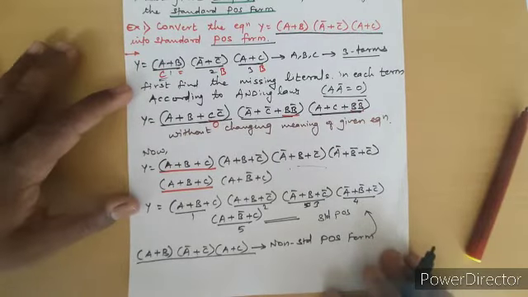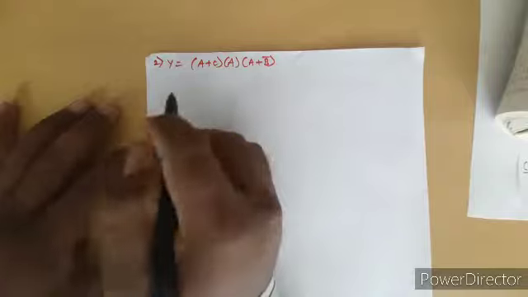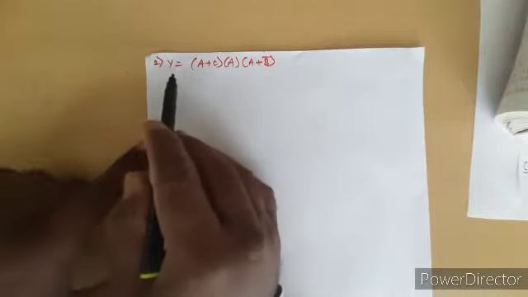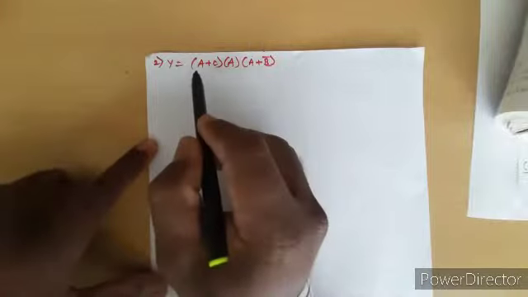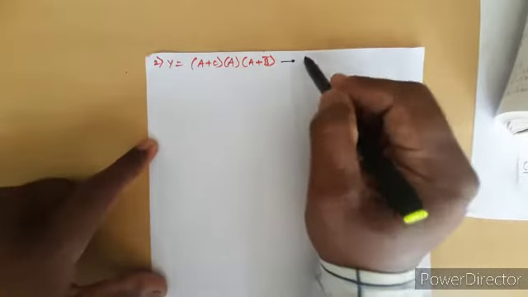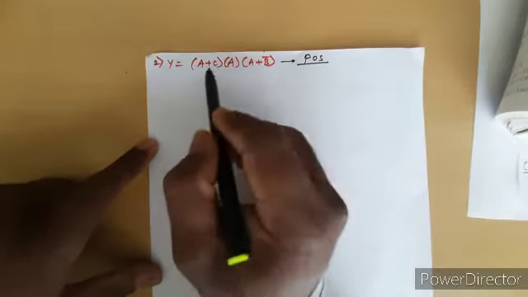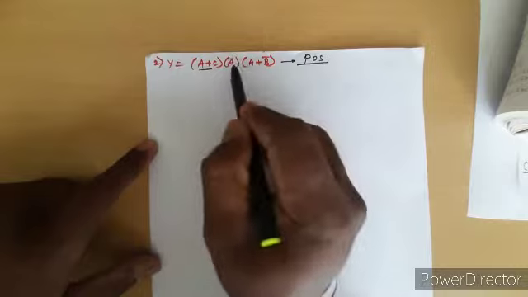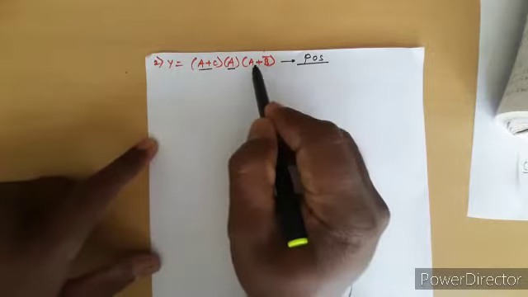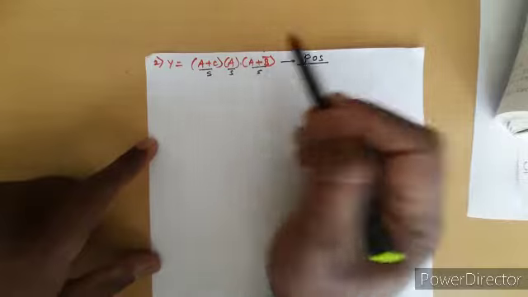We can go for another example also. So consider this second equation. Here, this equation is present in the POS, product of sum form, because here we have taken a plus c as a sum, a plus 1 we can say is a, and a plus b bar is again a sum, and their product we have taken.